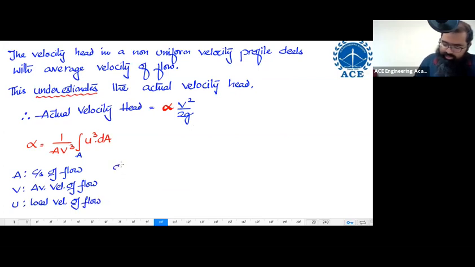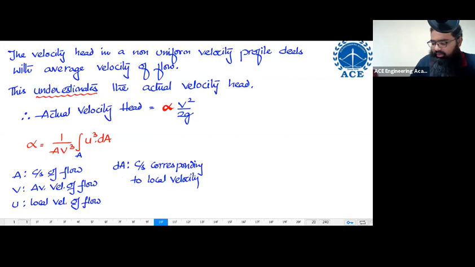And dA stands for the cross section corresponding to the local velocity. Okay, this is the value.